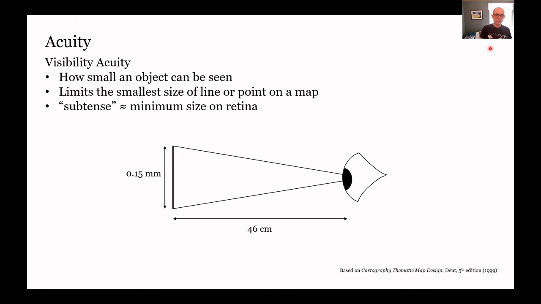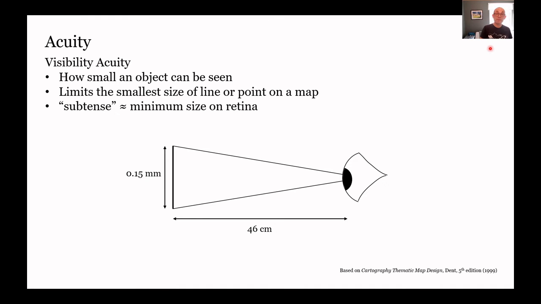But if we regard the reading distance of a map, according to Dent in Cartography, Thematic Map Design, the typical reading distance would be 46 centimeters. Well, I think he gives it in inches, but 46 centimeters is the standard distance that you can consider as where you would hold the map to read.